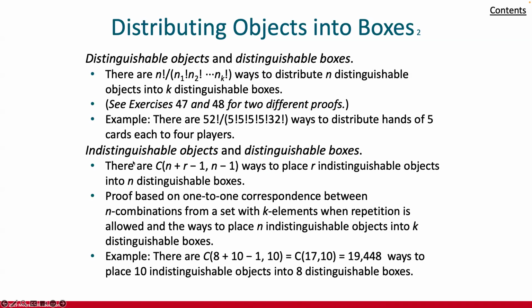For indistinguishable objects, we use this relationship that we got introduced to. If we wanted to look at how we could place 10 indistinguishable objects into distinguishable boxes, we come up with this, and there are over 19,000 ways in which that can be done.